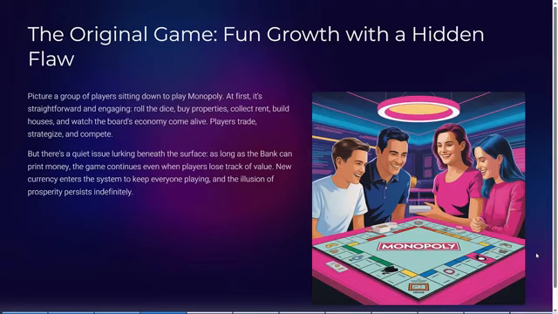But as long as the bank can print money, that game continues to get worse and worse. When the players lose track of the value of that, it really does start to linger and become worse. New currency enters the system to keep everyone playing, and the illusion of prosperity persists indefinitely.